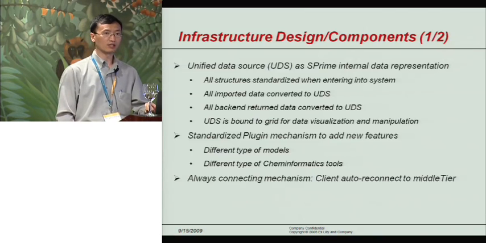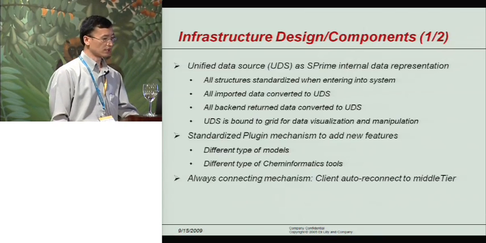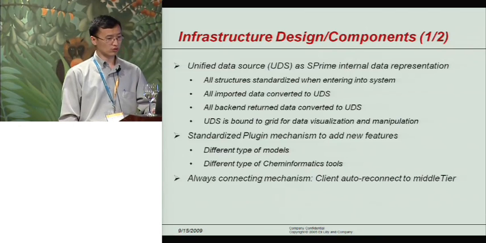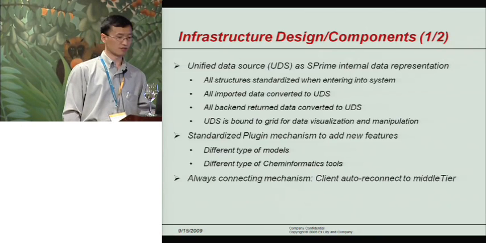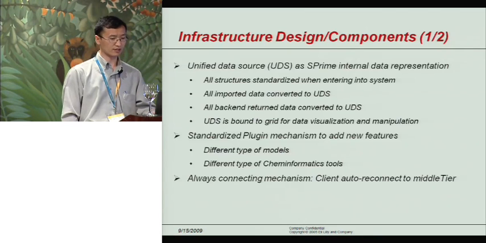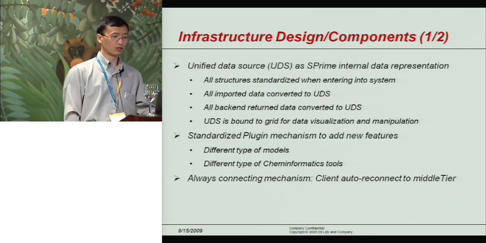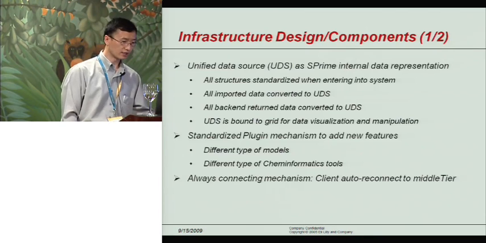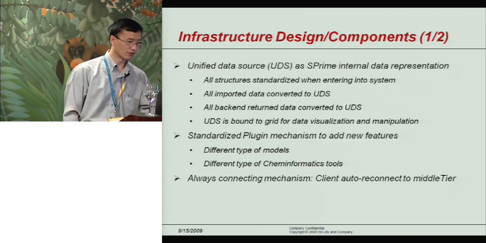So this UDS is really just a single data representation, and we bound this UDS to a data grid for data visualization. And we also have a standardized plugin mechanism to add new features. Therefore, it's relatively easy compared to before.